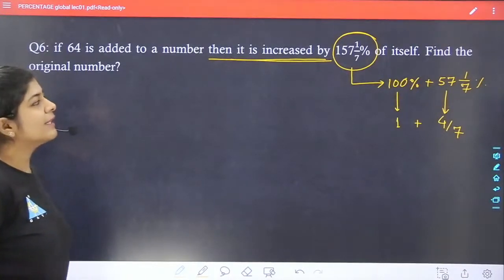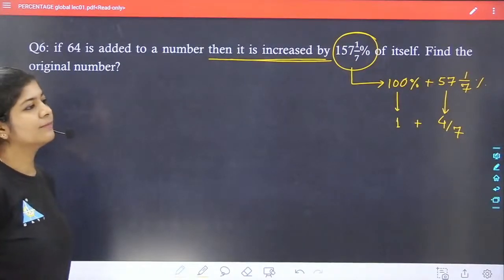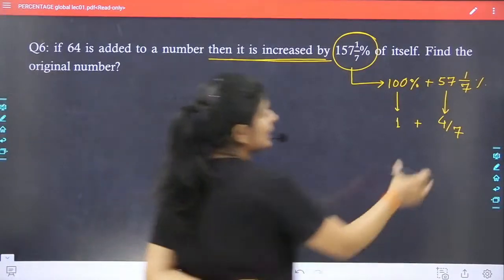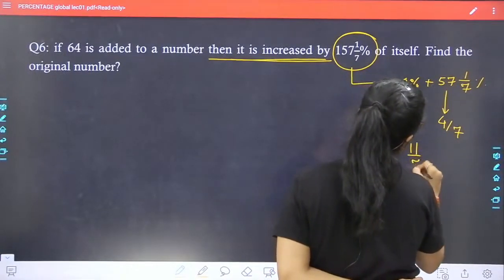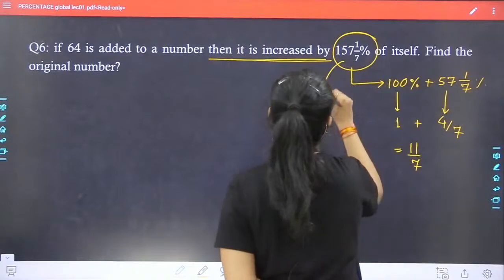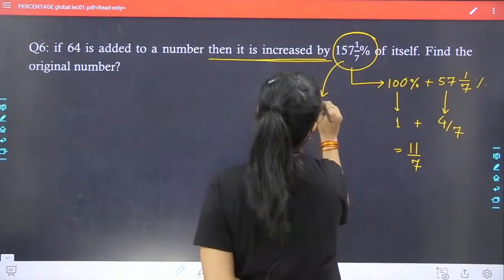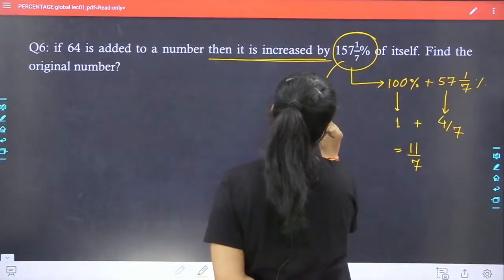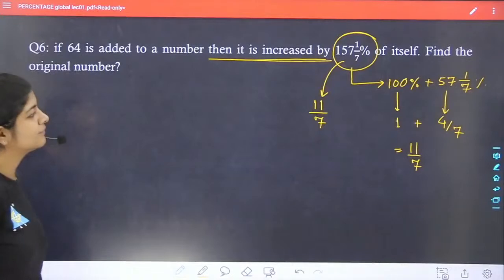We simply have to add this part and we will get 11 by 7 as our answer. So I can write it as 11 by 7.